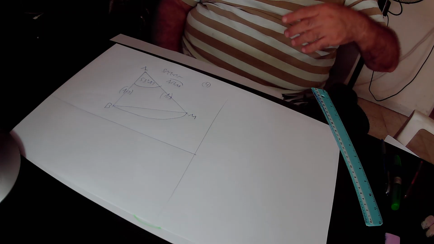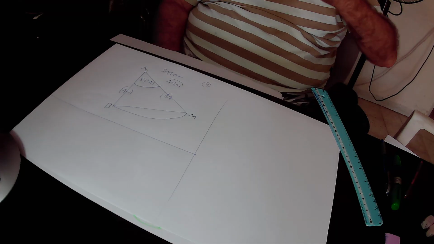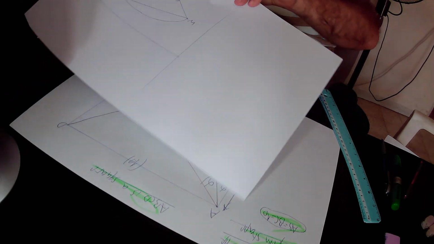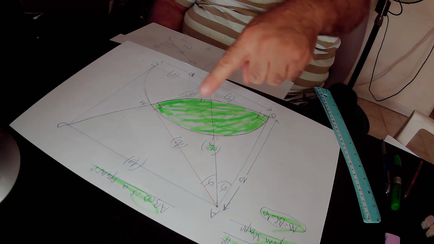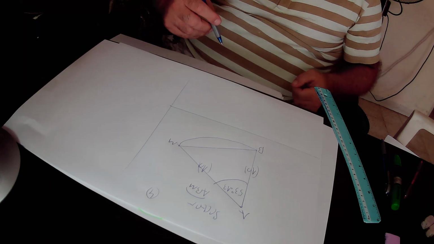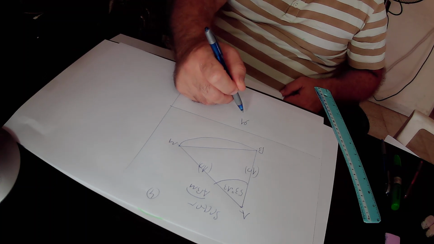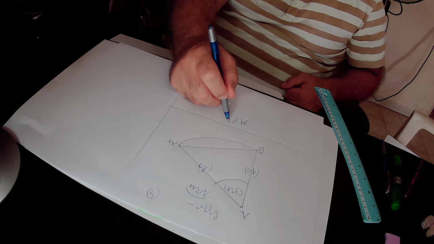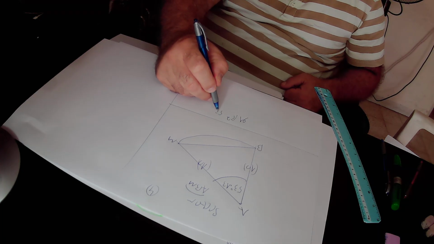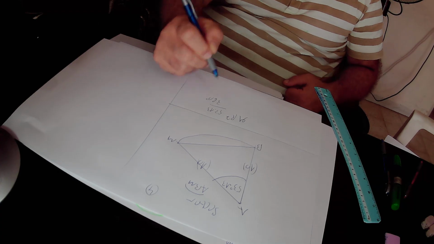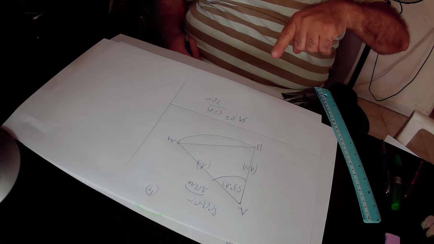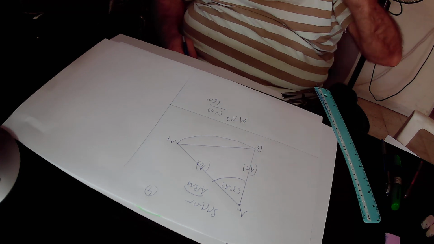According to the formula that I presented to you, the area of sector ABM will be equal to pi r squared, where R is the radius of the quarter circle that contains the sector, times the angle between the legs of the sector, that is 53.13 degrees over 360 degrees.